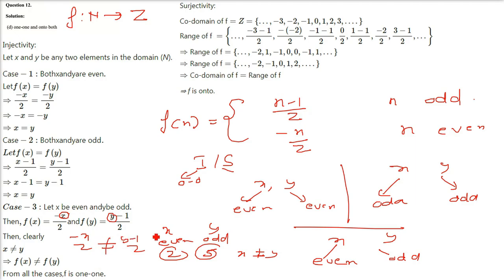So this is a contradiction, and by contradiction, this is also 1-to-1. So in all the cases f is 1-to-1. First, case 1 and case 2 directly. Case 3 we proved by contradiction. Injectivity proved.